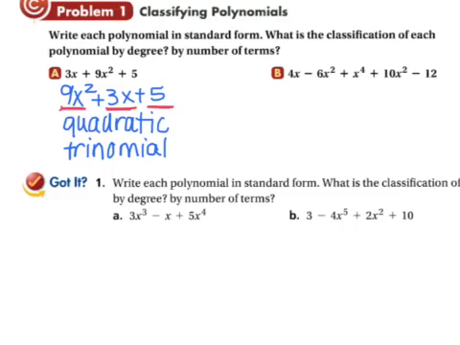Would anybody like to try B for me? Oh, yeah. Make sure you combine the like terms. Sure. Lily's got her hand up. Lilia, you got another one.